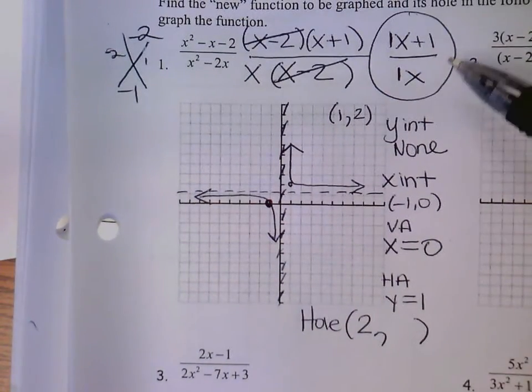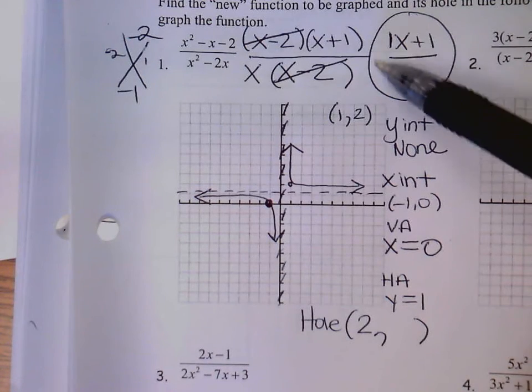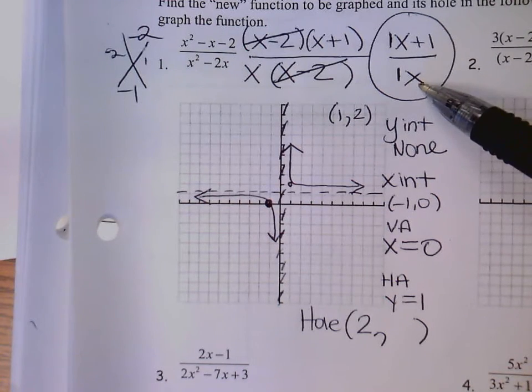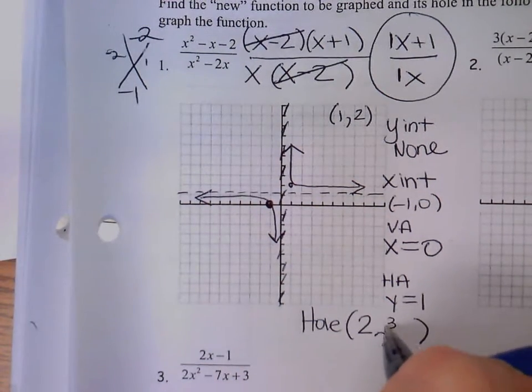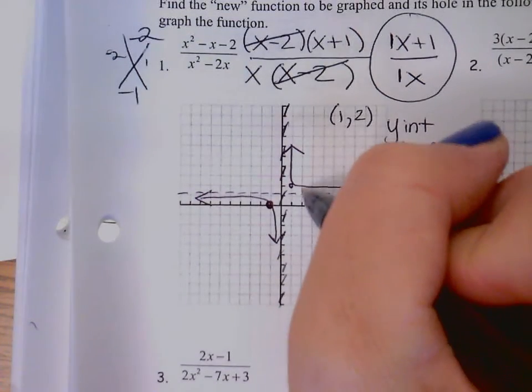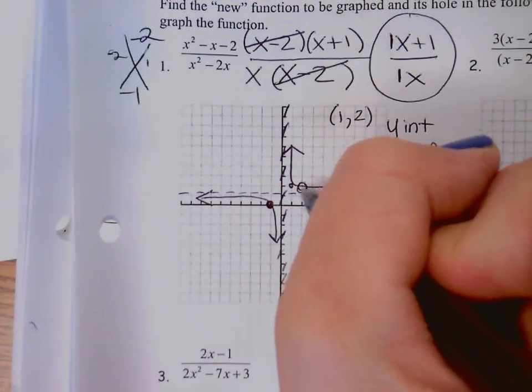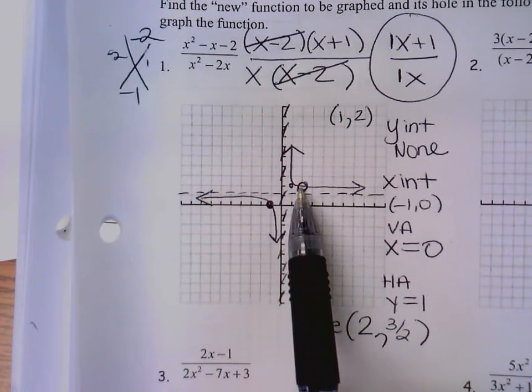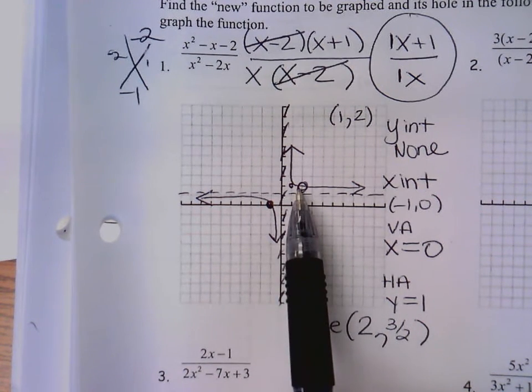When I plug in 2, what do I get? 2 plus 1 is 3 divided by 2. 3/2. So at the point 2, 3/2, there's a hole right there. So you indicate it by putting an open dot on the elbow that you've already drawn.